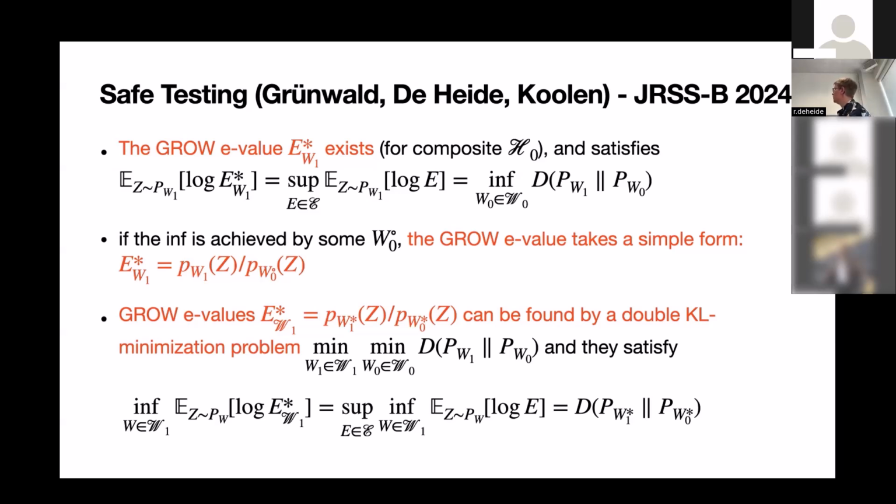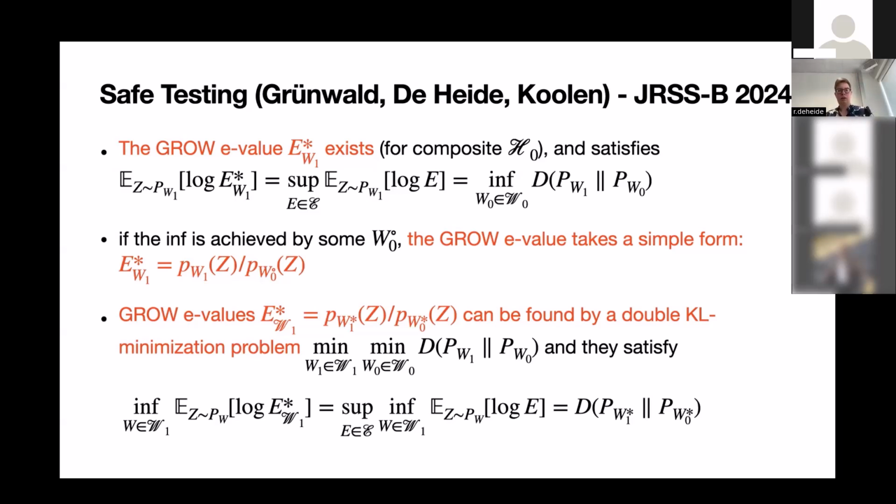Z is the data, and this has the form of two Bayes marginal distributions. So it's the integral of the distribution where the parameter is integrated out with the help of some prior, and then the same for the null hypothesis.